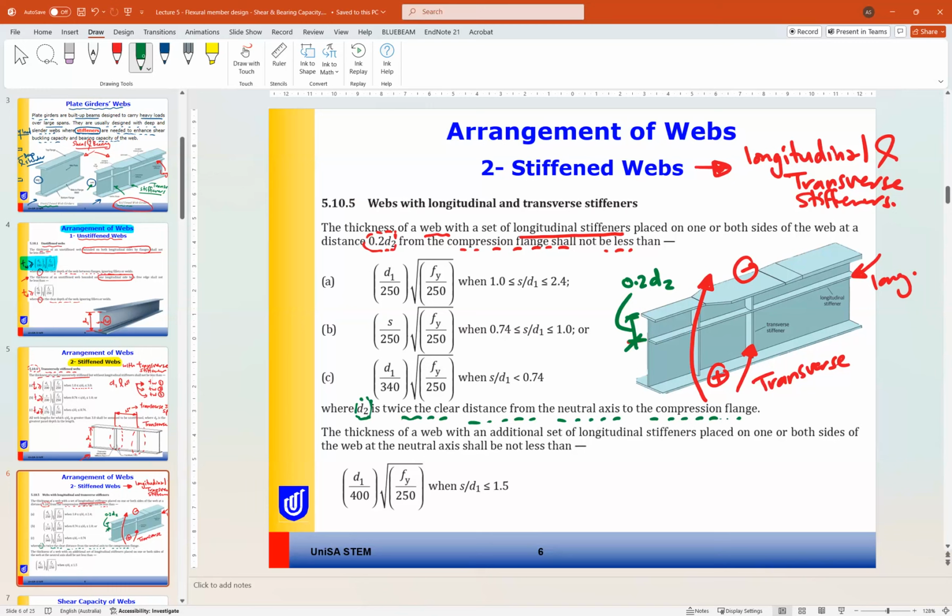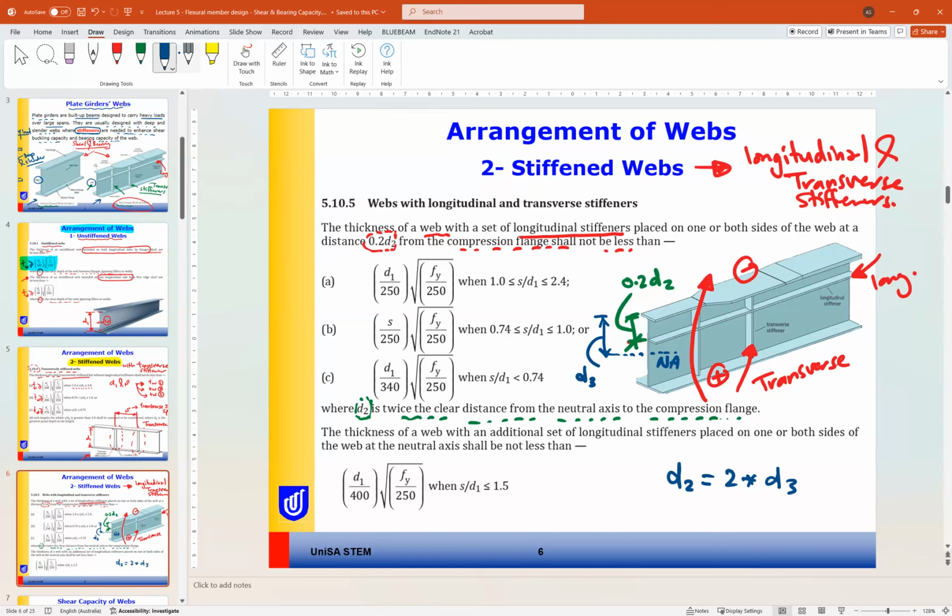So if we consider this is our moment, let's assume this is our neutral axis. So D2 is twice the distance from the top flange, or the compression flange, to the neutral axis. Let's call this distance D3. So D2 equals 2 times D3.